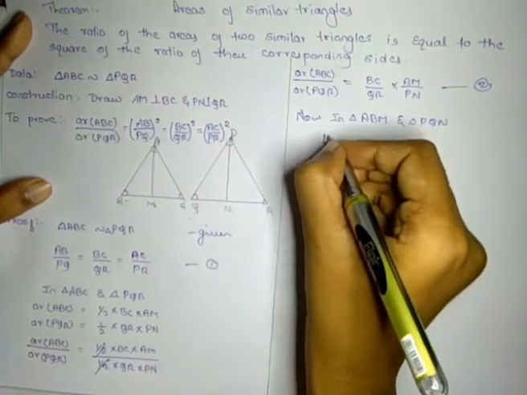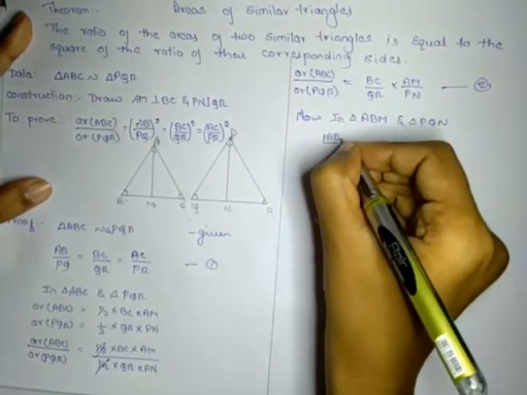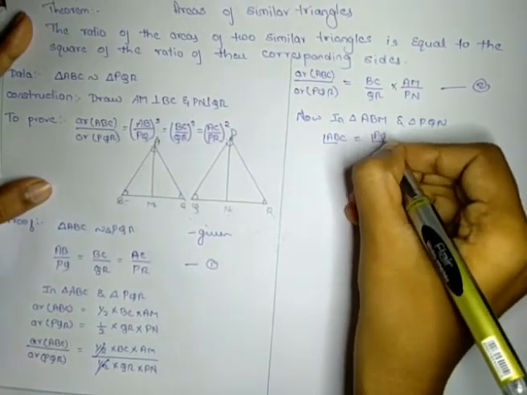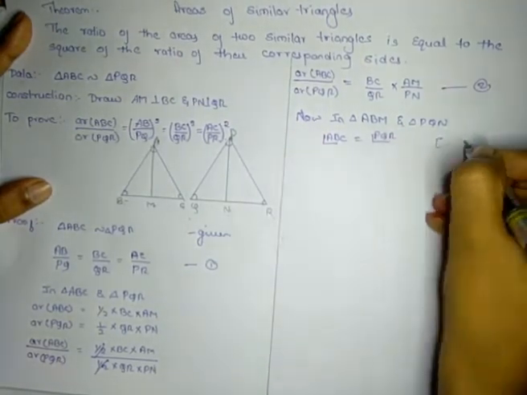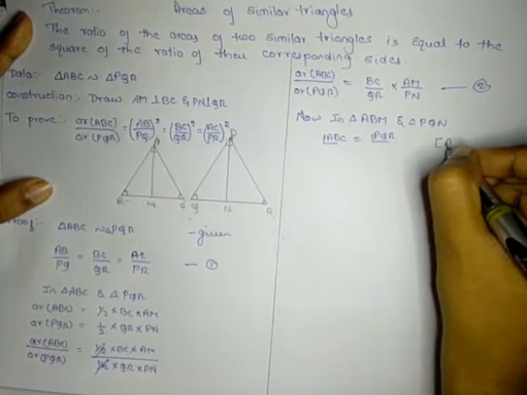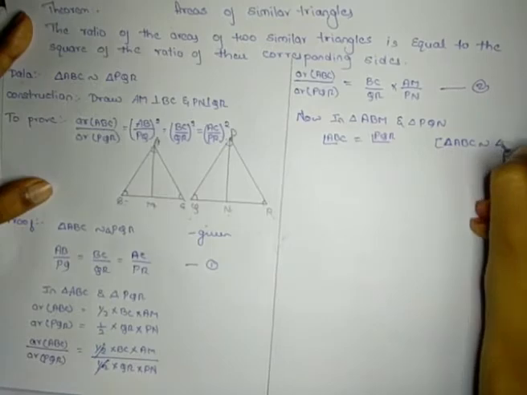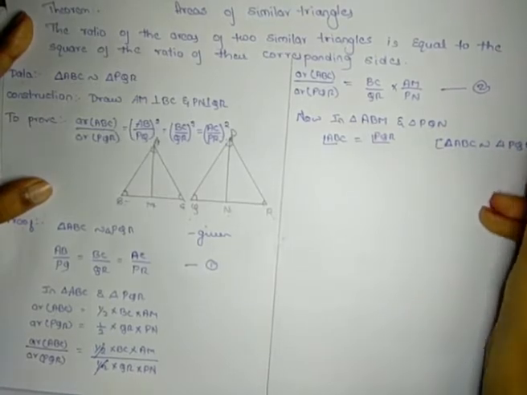So we write angle ABC is equal to angle PQR, because triangle ABC is similar to triangle PQR.